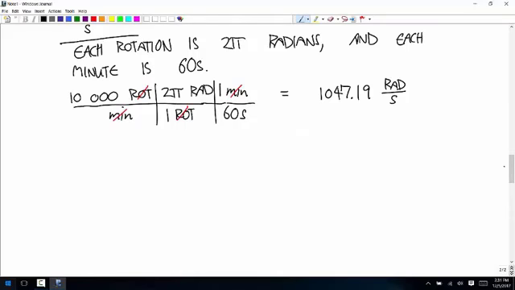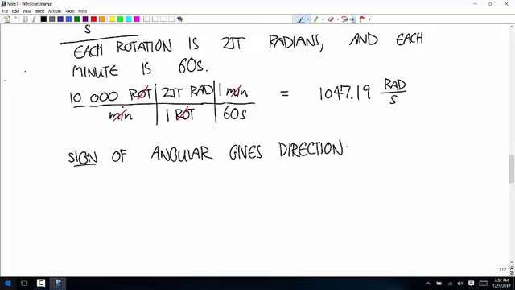But angular speed doesn't have a direction. Angular velocity does. The sign of the angular velocity gives the direction. Positive is counterclockwise.